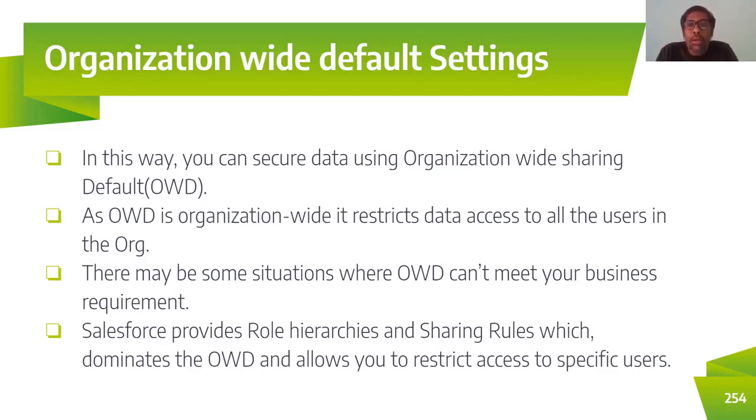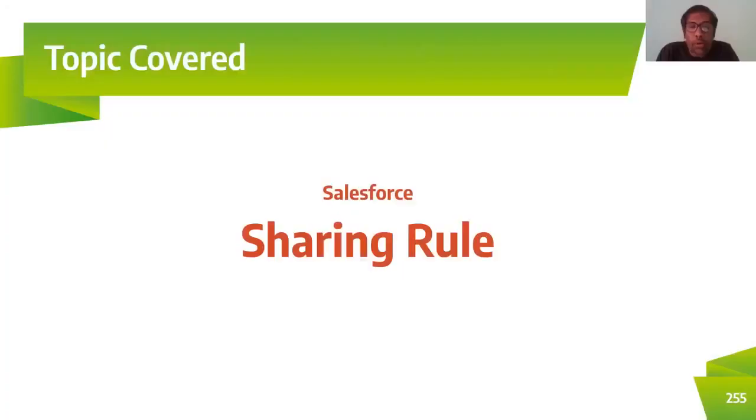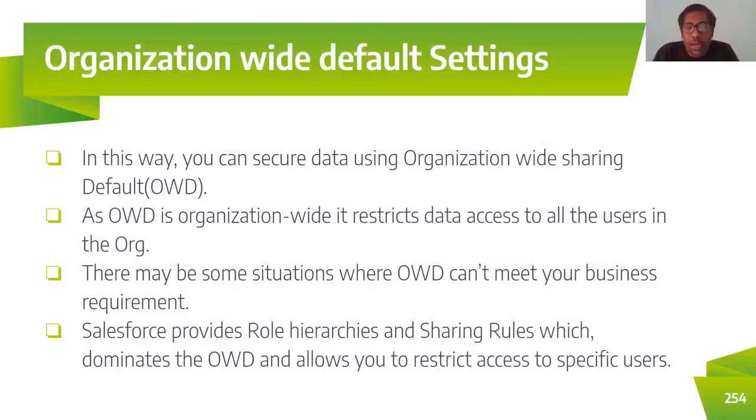In such cases, you can go with a role hierarchy, or you can use sharing rules and try to restrict the access for specific users. What is OWD? OWD is meant for restricting the access, and we are going to secure the data using organization by default. So this is all about organization by default.